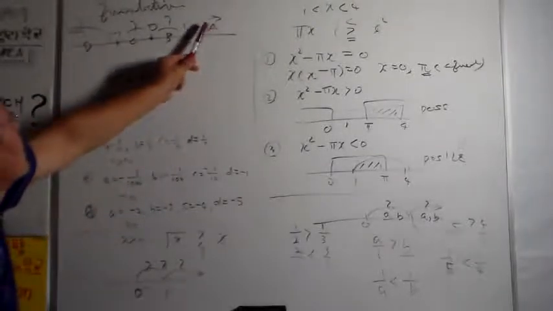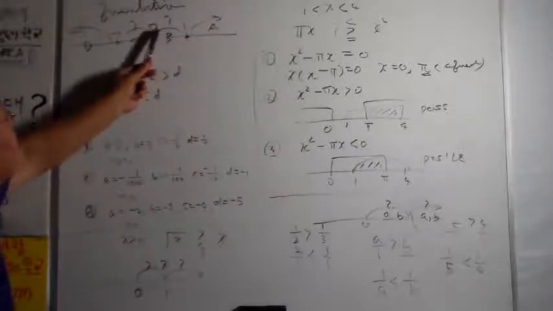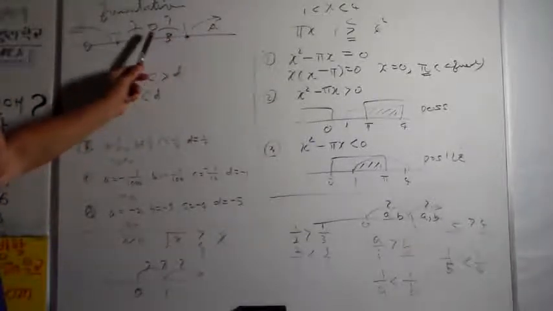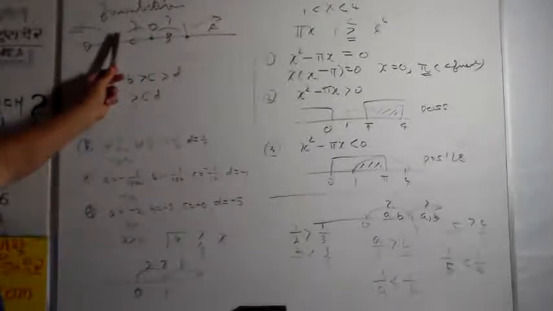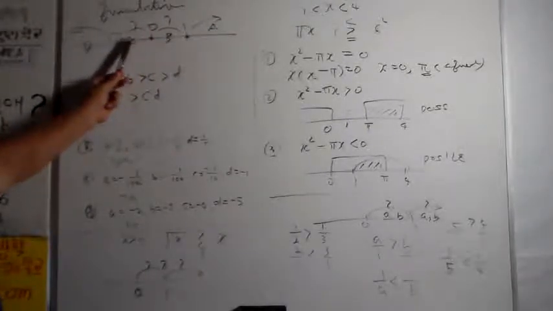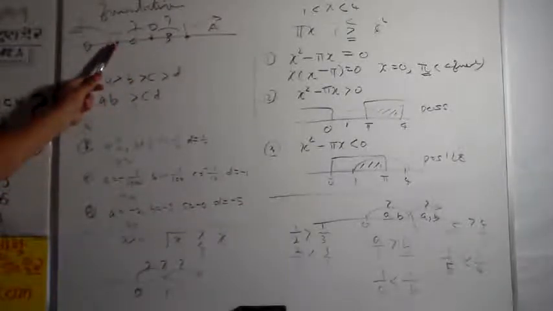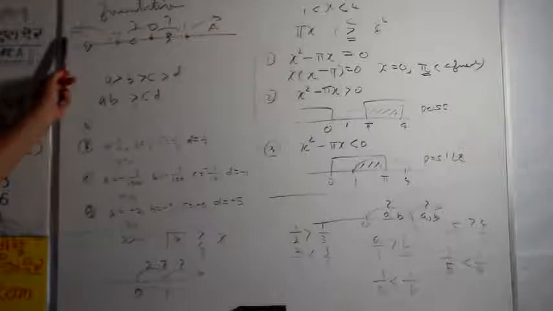So this range is A over there. Between 0 and 1, this is a B area, and between minus 1 and 0 is a C range. Also minus 1, less than minus 1 is a D range.